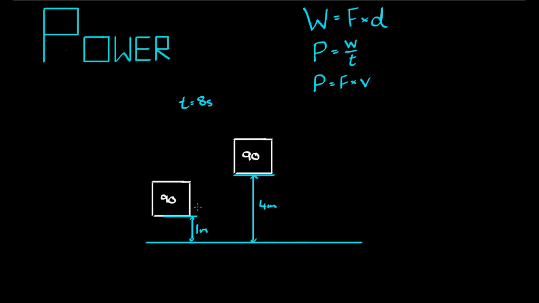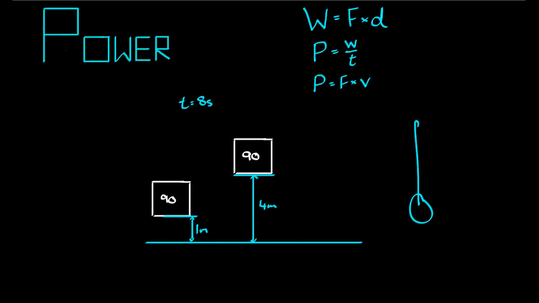Let's figure out how much power went into raising the fridge up to that higher height. Now, using your common sense for a second, if you went to the gym and you saw someone lift a very heavy dumbbell into the air very quickly, you'd say that person must have used a lot of power. They must have had very powerful muscles. That's because the time taken to lift it went down, therefore the power went up.